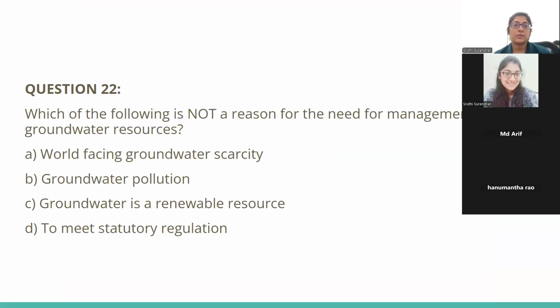Then the next question: which of the following is not a reason for the need for management of groundwater resources? Which is not a reason for groundwater management?